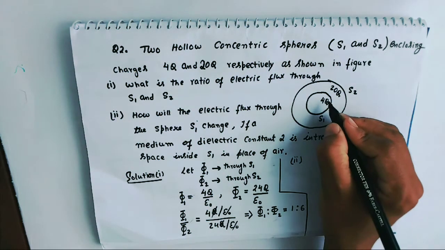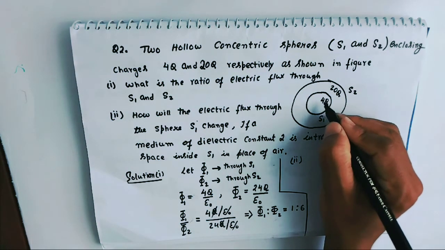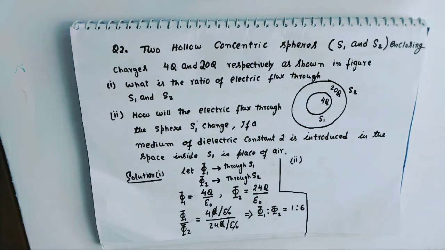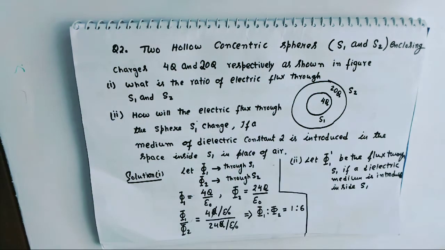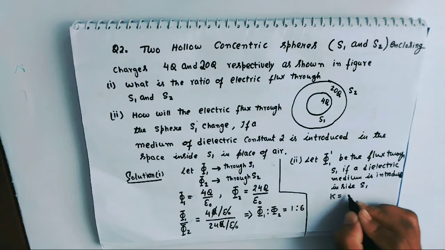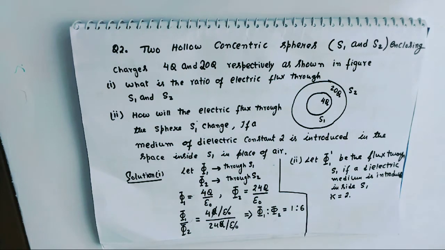So now if a dielectric medium is introduced in the space inside S1, then the flux through the surface will change. By the given condition, the dielectric constant, capital K, is 2.